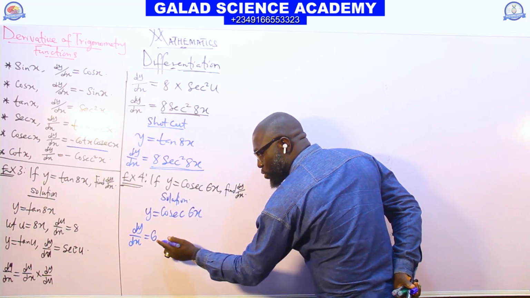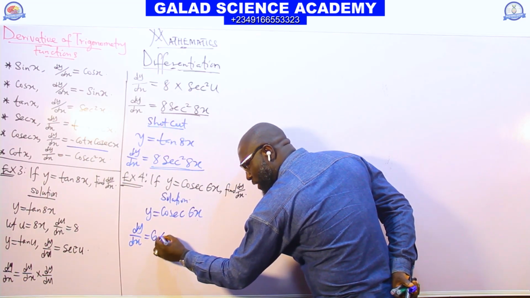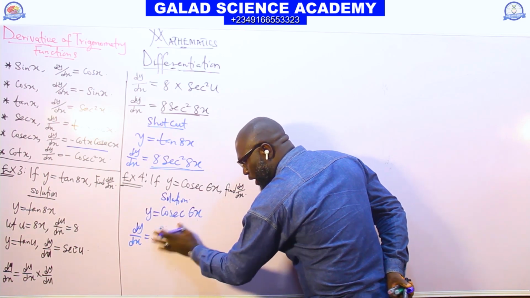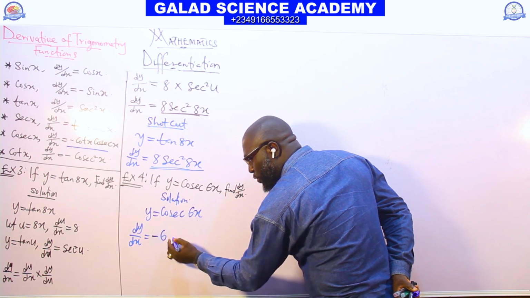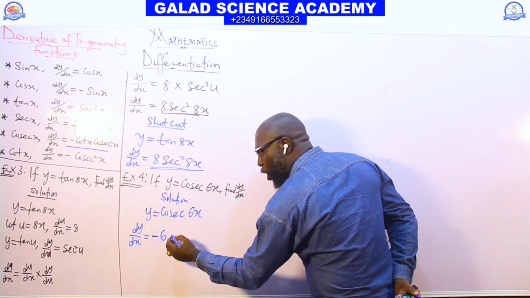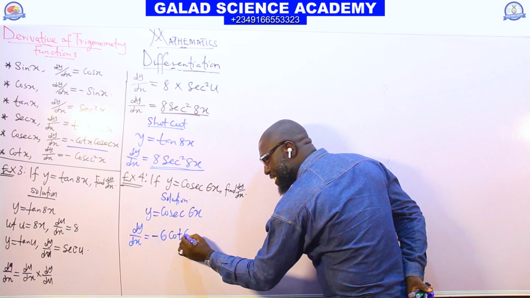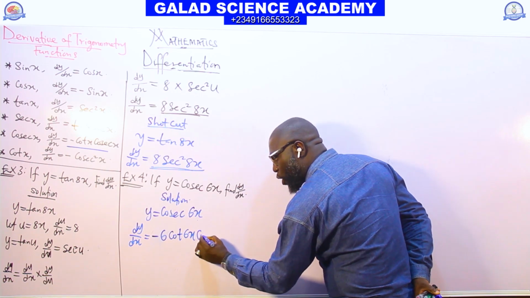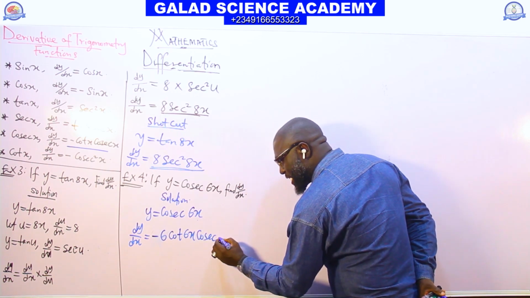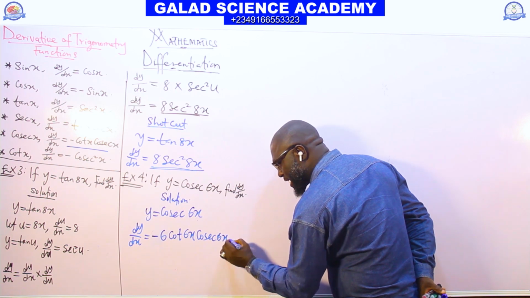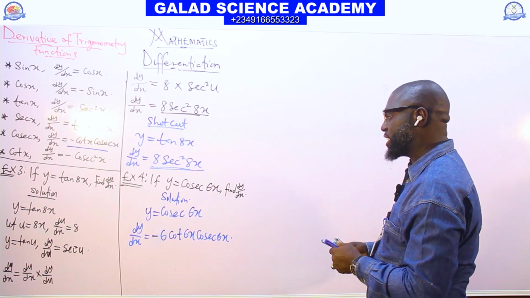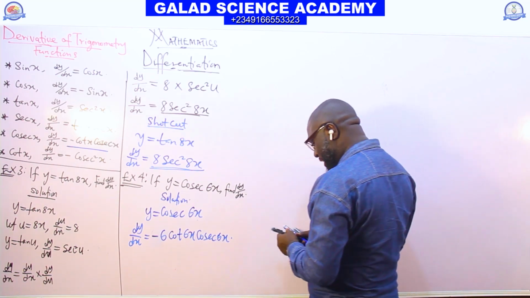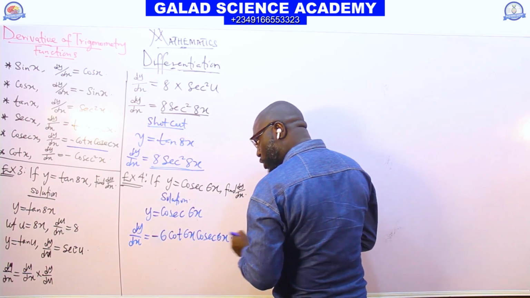So this 6 multiplied by the first will be minus 6 cot 6x cosec 6x. Can we apply the normal method and check it? Let's check it. This is the answer by using the shortcut.